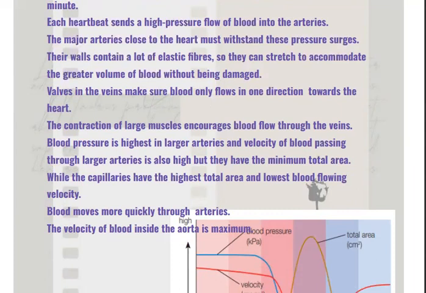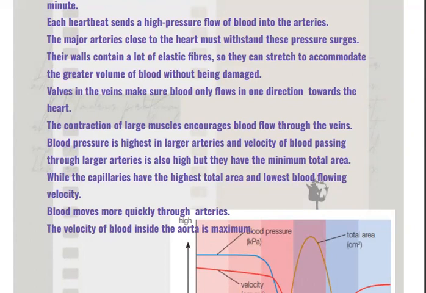Their walls contain a lot of elastic fibers, so they can stretch to accommodate the greater volume of blood without being damaged. Valves in the veins make sure blood only flows in one direction towards the heart. The contraction of large muscles encourages blood flow through the veins.